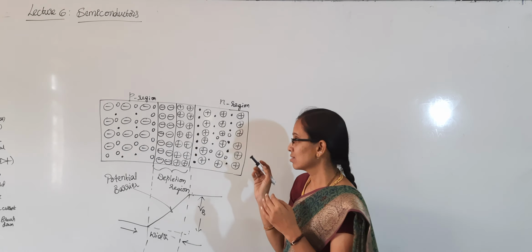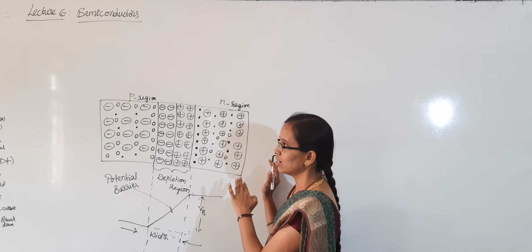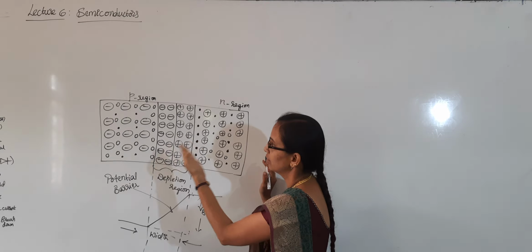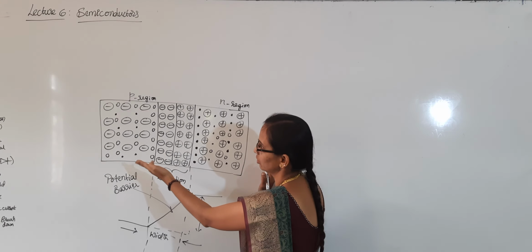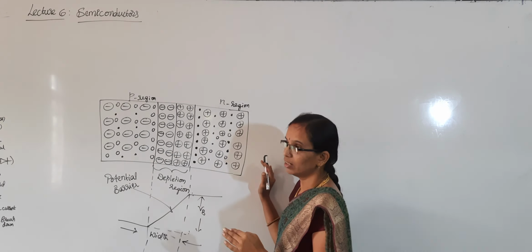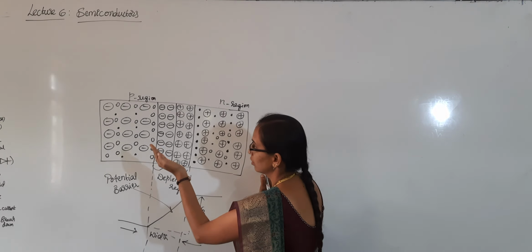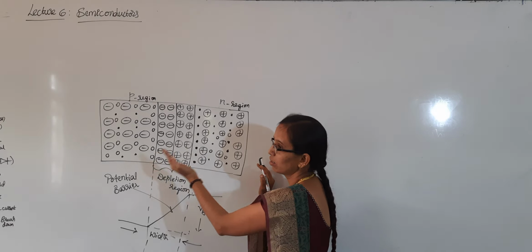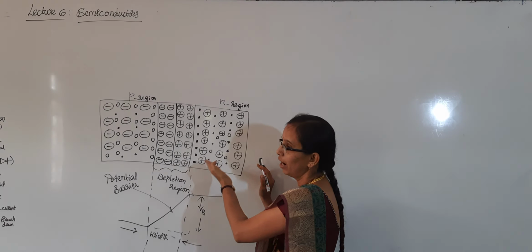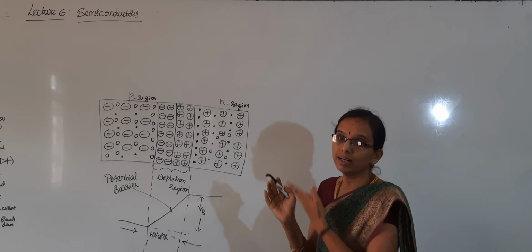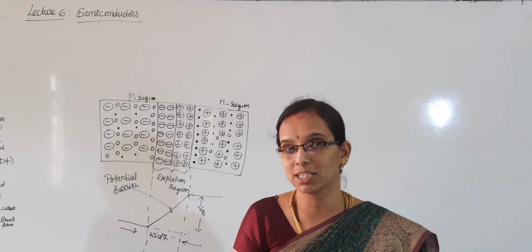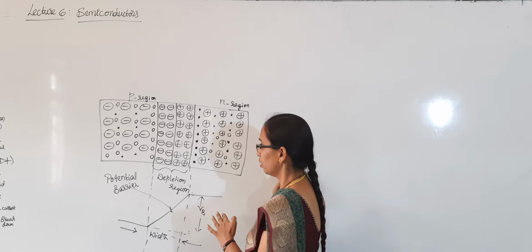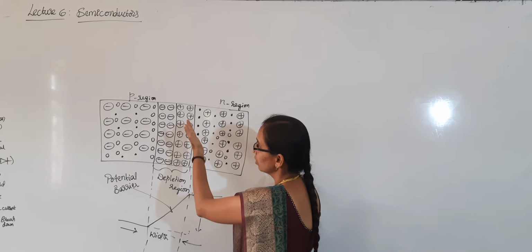The electrons from the N region move towards the junction, cross it and recombine with the holes over there, and the holes from the P region move across the junction, and this hole and electron recombination takes place. At that time, what happens?